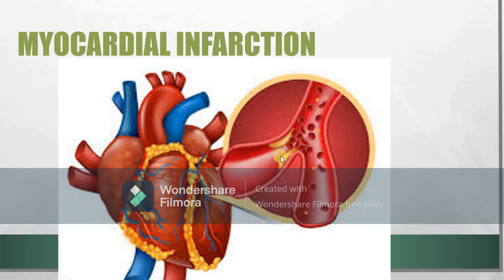As you can see, in the blood reaching the heart there is a deposition of different material, which can be calcium or plaque, and it causes the blood to not pass through the arteries in the normal way, and causes narrowing of the arteries.